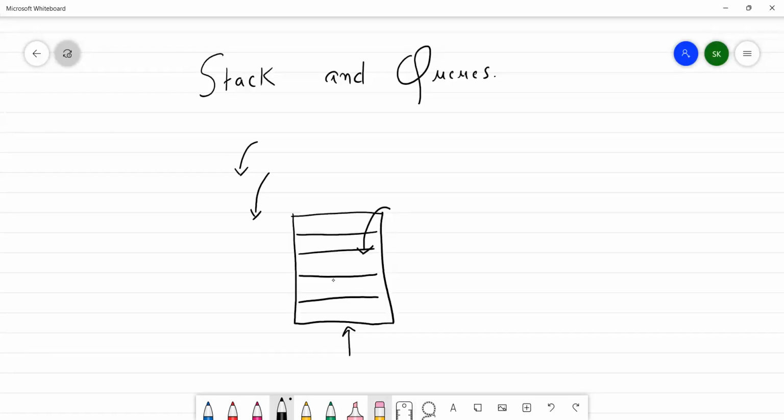Now when it's time to take your items out, when you want to unpack your box, what will you do? You don't have any way to take this particular item first. Do you have? No. So what we have to do, we will take this item out first, then the other one, and at the end we will get the very first item we entered into the box.